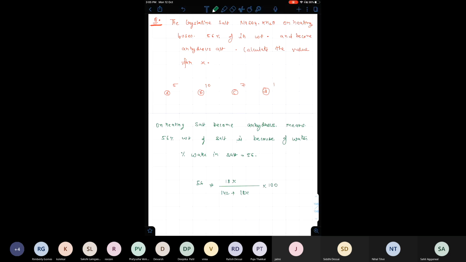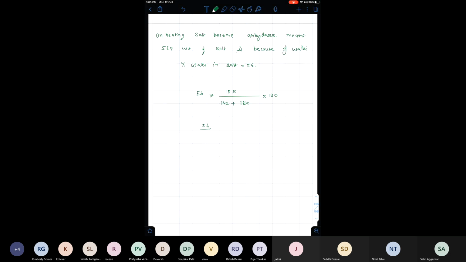So 56 by 100 is equal to 18x divided by 142 plus 18x. Again, 100 by 56 is equal to 142 upon 18x plus 1. So it will be 44 by 56 is equal to 142 by 18x.